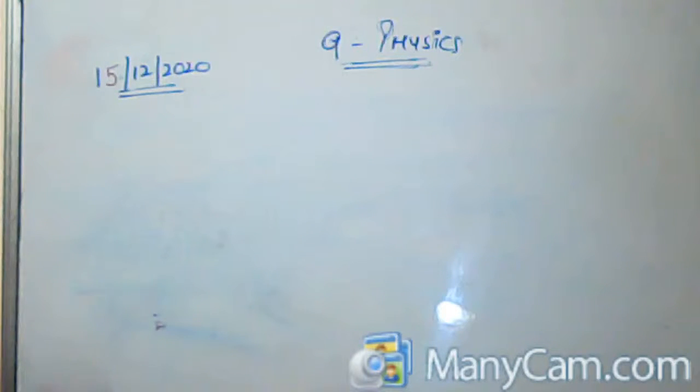So, this class we are going to proceed on with the numericals. Chapters are all done, revisions are going on. We are having today's regular class as well. In the previous class, we have done the definitions and the reasoning questions.